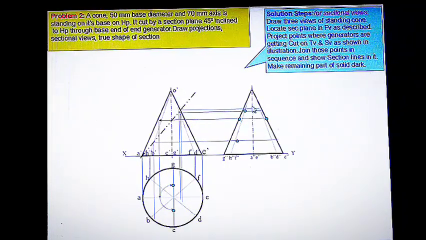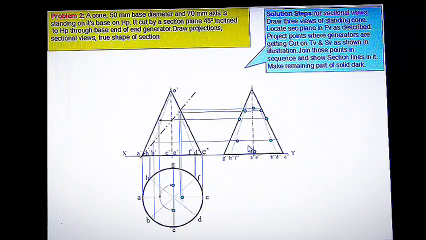Or it is a symmetrical shape in both sides. So once you get the intersecting point on one side, you can copy that same distance on the other side also. Okay, now this intersecting point between this horizontal and vertical generators can be obtained like this.